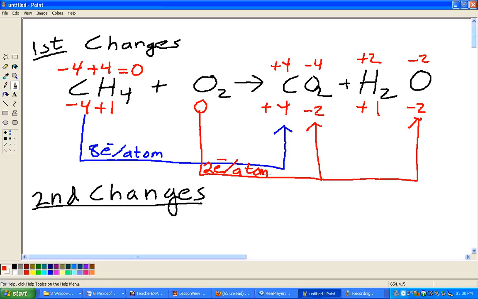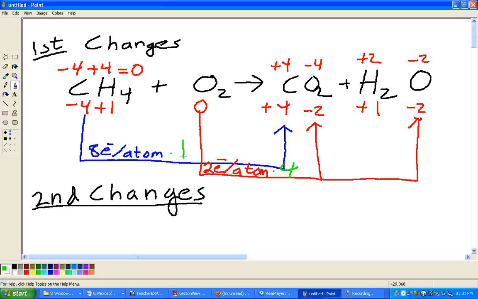If I want this to balance, if I had 4 of those go over, every time I had 1 of those go over, I would have 8 electrons being lost for 8 electrons being gained.